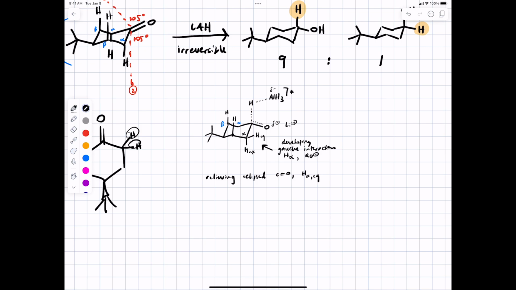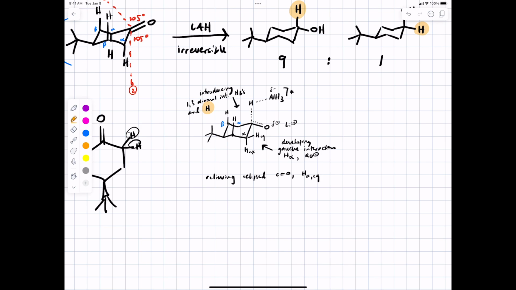We're replacing it with some kind of gauche interaction, which is probably the best you can do. And then the other thing we're doing is introducing a 1,3 diaxial interaction, but it's between beta protons and our new incoming hydride, which I'm just going to label orange.